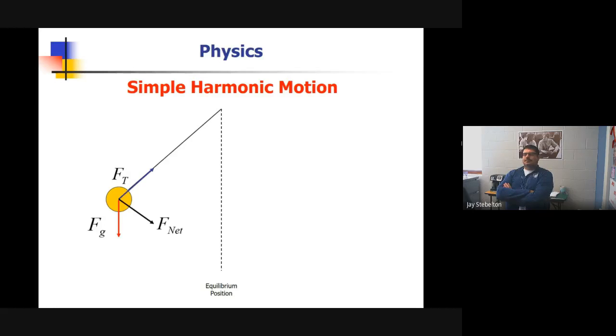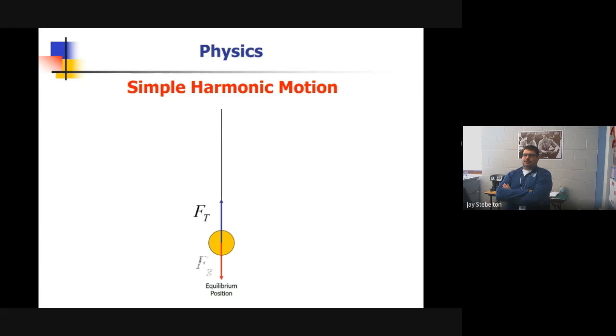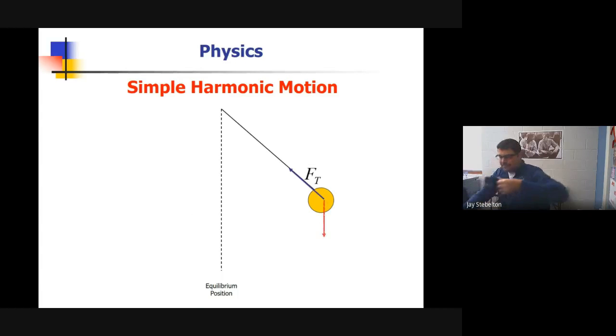We let go of our pendulum and it swings back to the center. It still has the tension and the weight. These forces are now equal, but my object is moving. And Newton's first law says objects in motion remain in motion. So my object has inertia, which causes it to swing to the right-hand side, where again, the tension is along the string and the weight is towards the center.